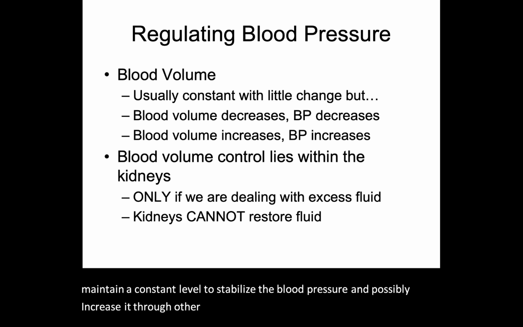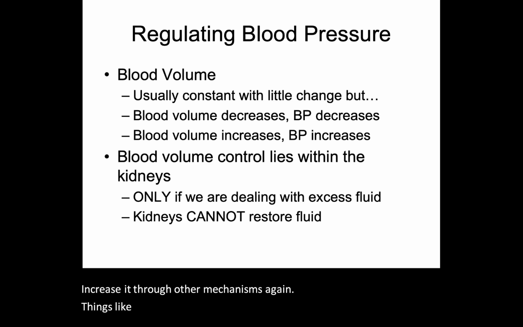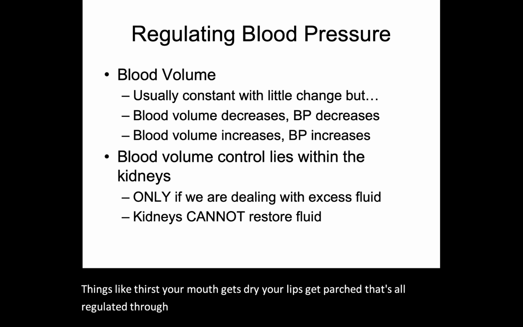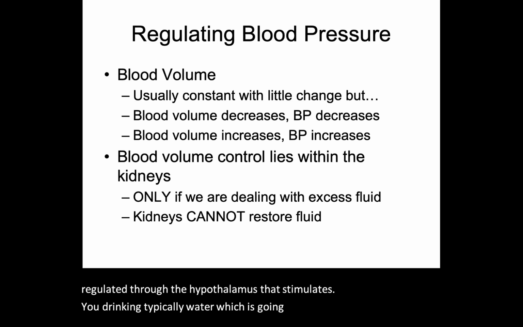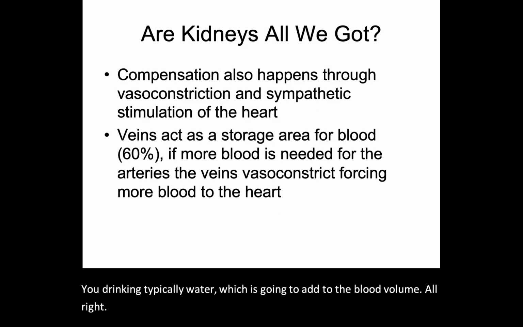Again, things like thirst. Your mouth gets dry, your lips get parched. That's all regulated through the hypothalamus. That stimulates you drinking, typically water, which is going to add to the blood volume. All right.